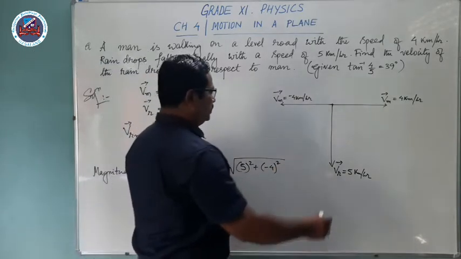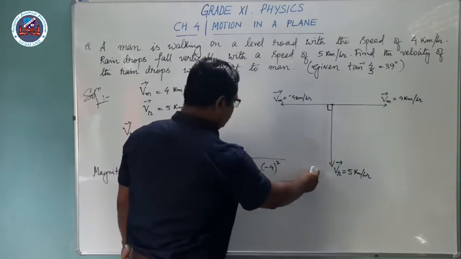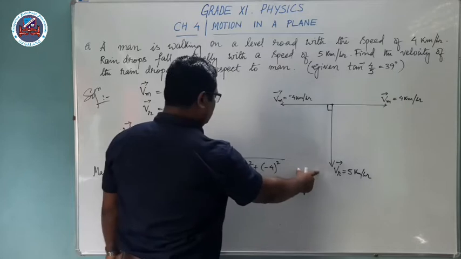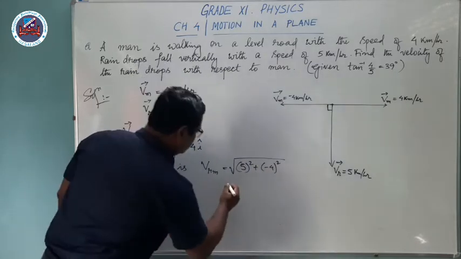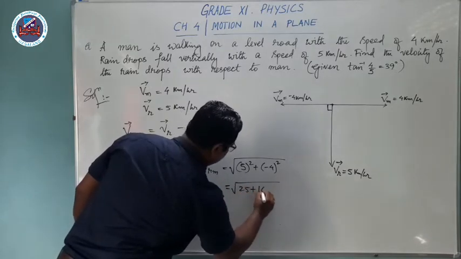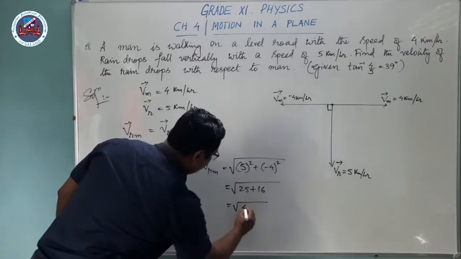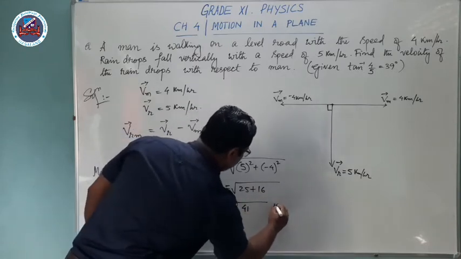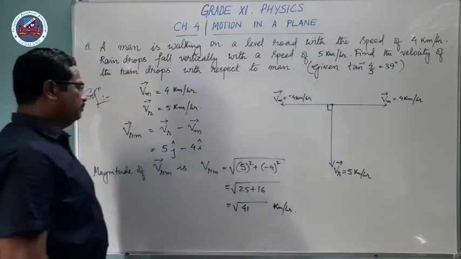The angle between them is 90 degrees, and cos 90 degrees is equal to 0, so the last term becomes 0. This is 25 plus 16, root 41 kilometer per hour. Like this you can find out.